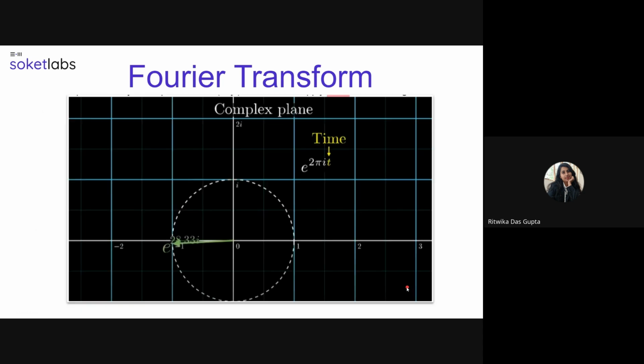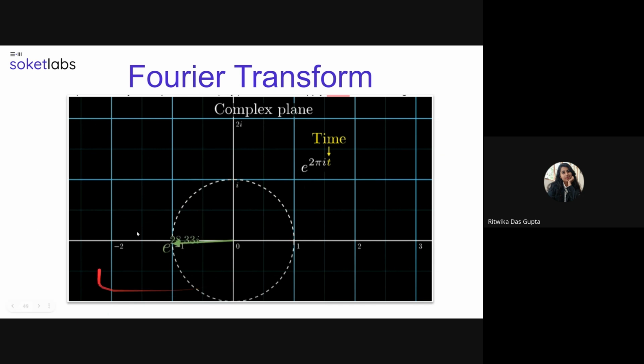So how the calculation happens is, as I said, we wound it around a circle. If we have a rotating vector in a circle, the formula is e to the power 2 pi i t. This is Euler's formula. In this formula, 2 pi is the perimeter of the circle, and t is the time.